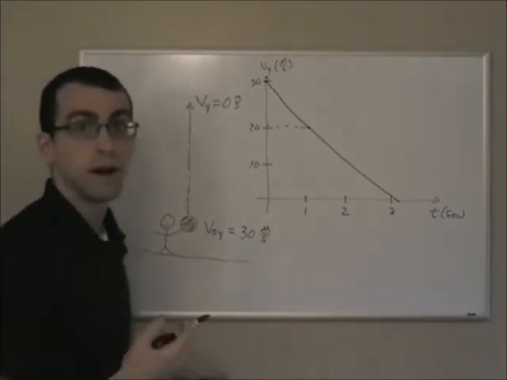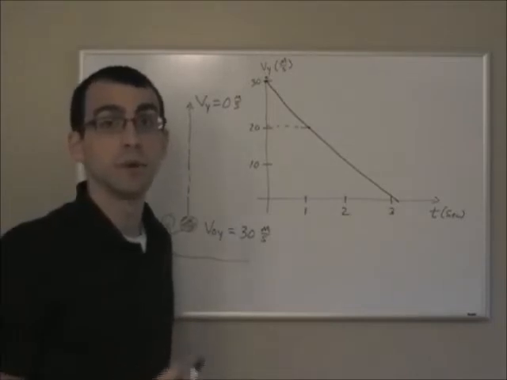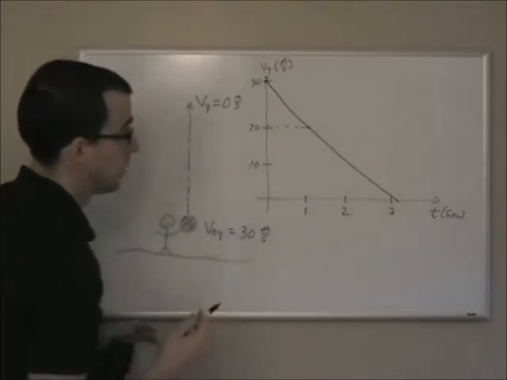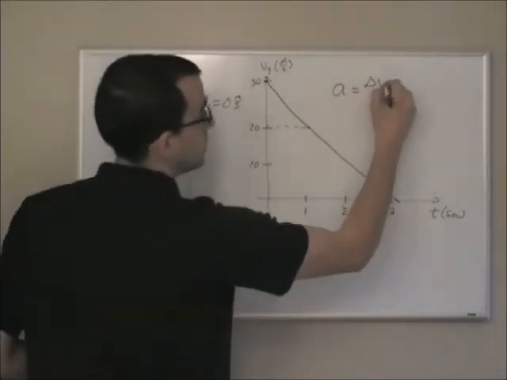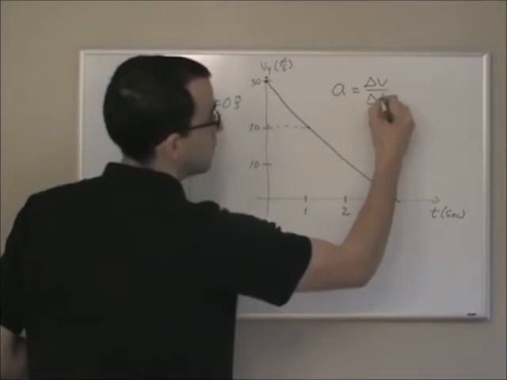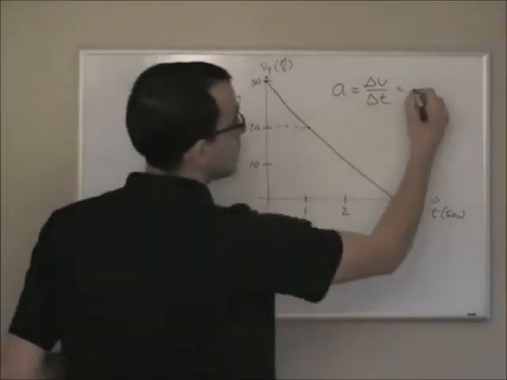And it actually decreased by 9.8 meters per second in that 1 second. So again, let's look at our acceleration equation. It's the change in velocity over the change in time. In this case, our change in time was 1 second.